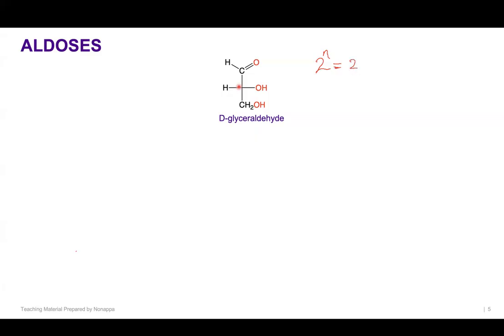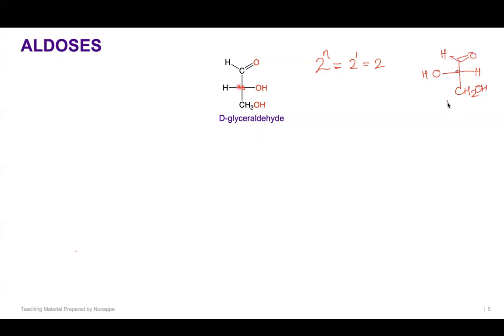In this case, we have one chiral center. So we expect two different isomers, that is D-glyceraldehyde, and the other form, which is the L form. So we can write it here, which is CH2OH and OH.